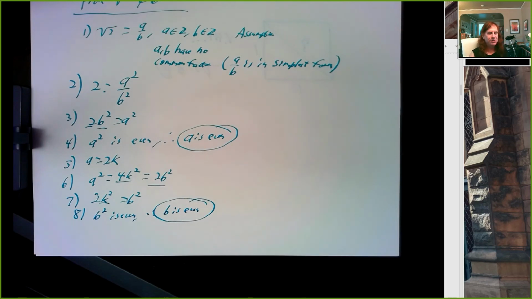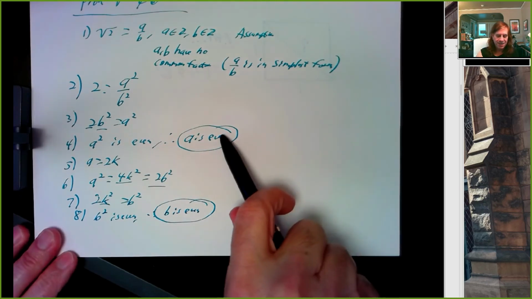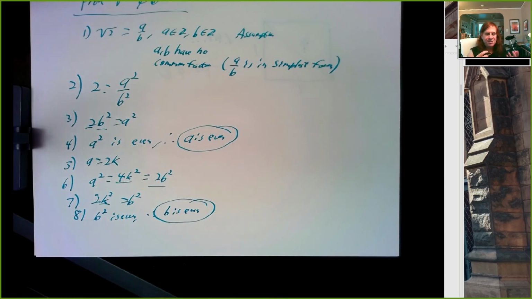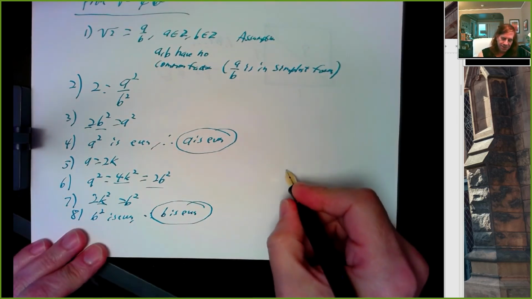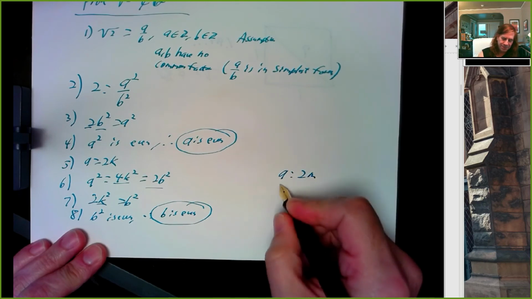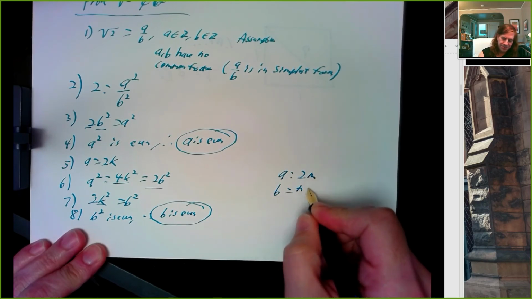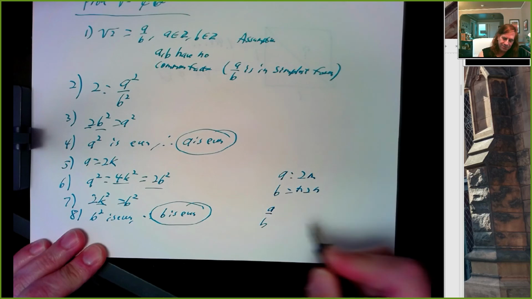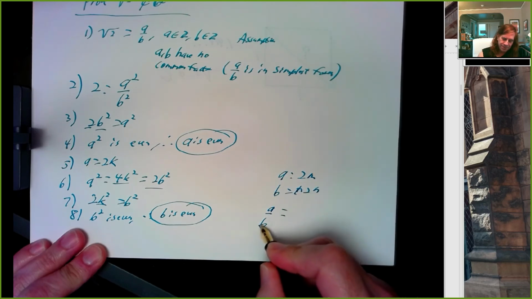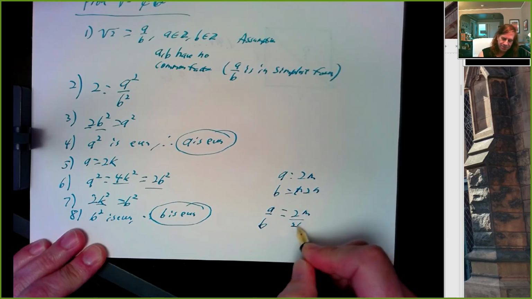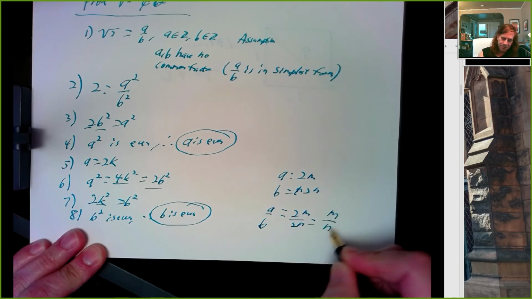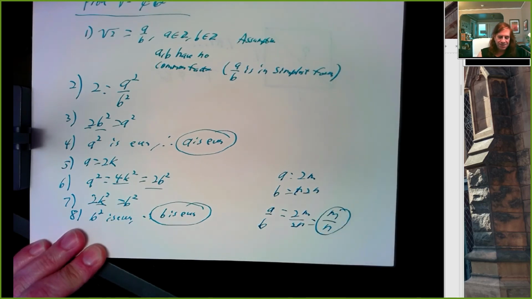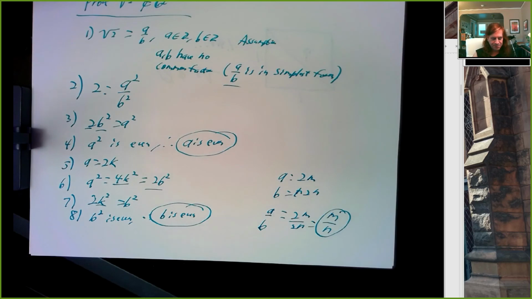Well, we've just argued to a contradiction, because we've shown that a and b are both even, which means they have a common factor of 2. In other words, a is equal to 2 times m, and b is equal to 2 times n, and so a over b is equal to 2m over 2n, which means we could write it as m over n, which is a simpler form than the original a over b.